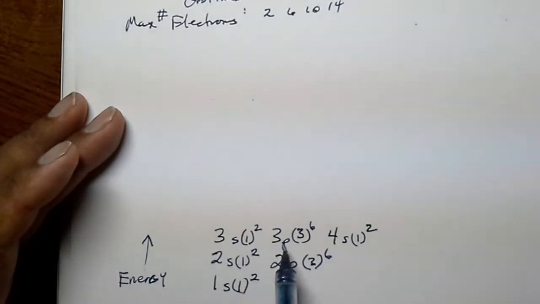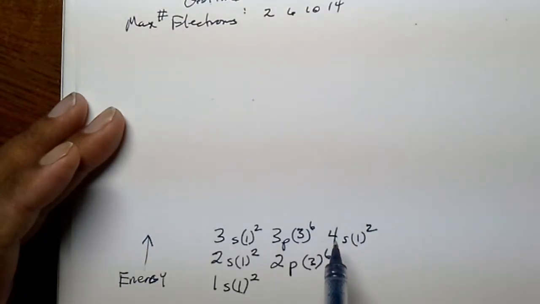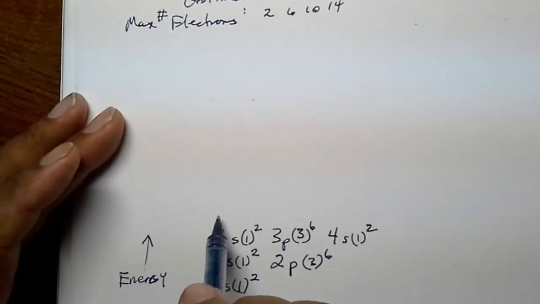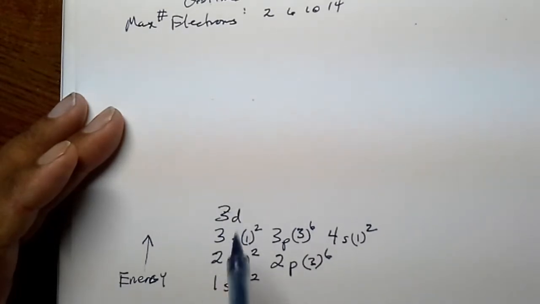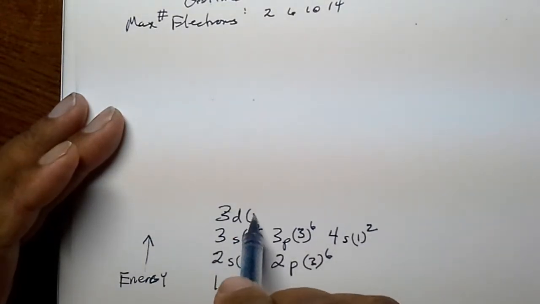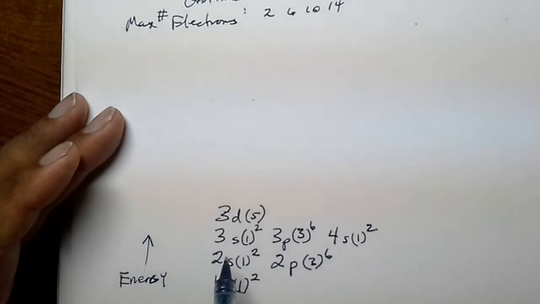Notice we didn't go SPD because D's energy level requires higher, the level is higher than 4s. So 3d is higher than 4s. So 4s is occupied by the electrons before 3d, which has again 5 orbitals, 10 electrons.